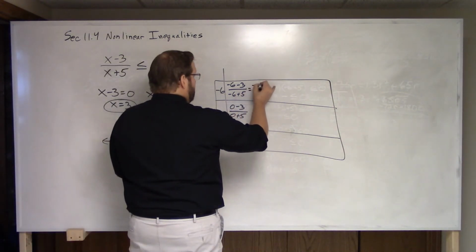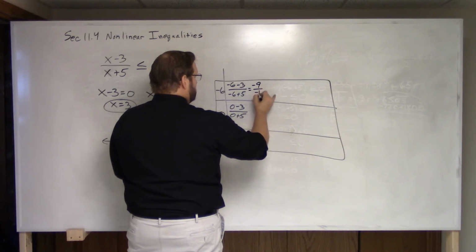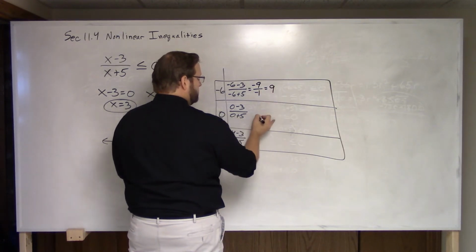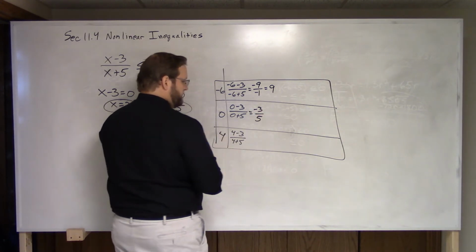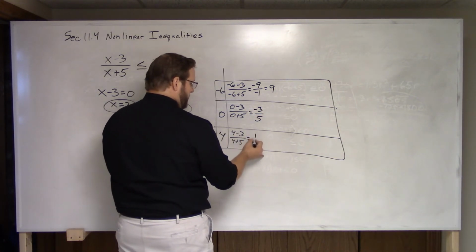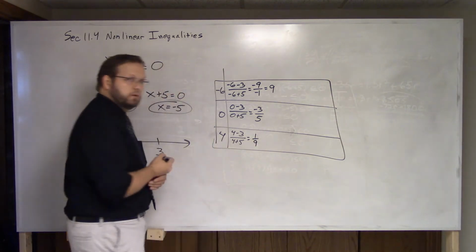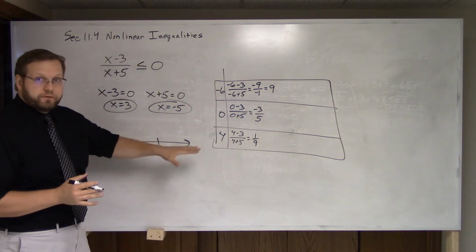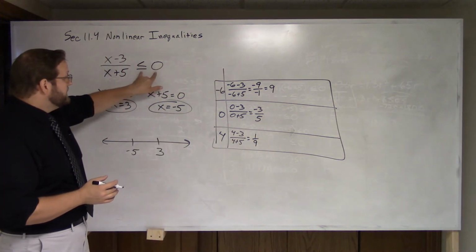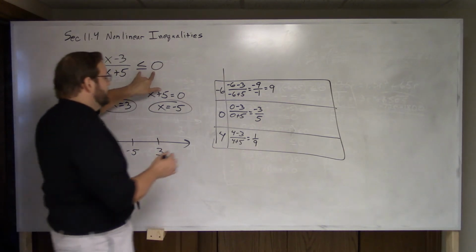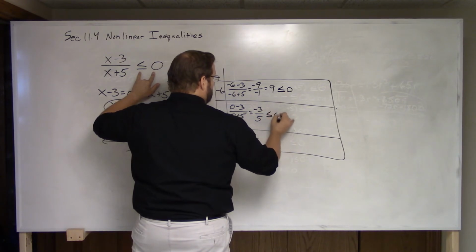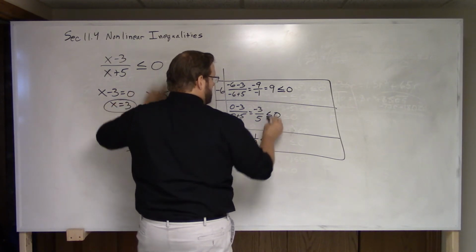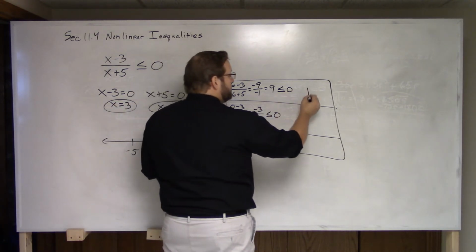I have negative 9 over negative 1, or just 9. Here I have negative 3 over 5. And here I have 1 over 9. Now, for all of those, I wanted to deal with this comparison here. Is that less than or equal to 0? 9 less than or equal to 0 is false.